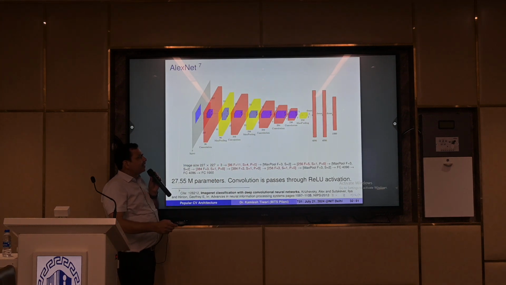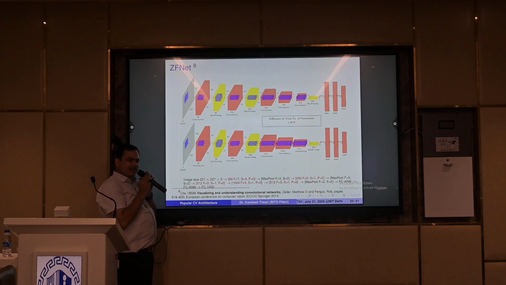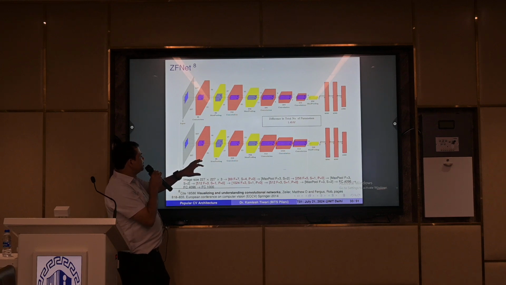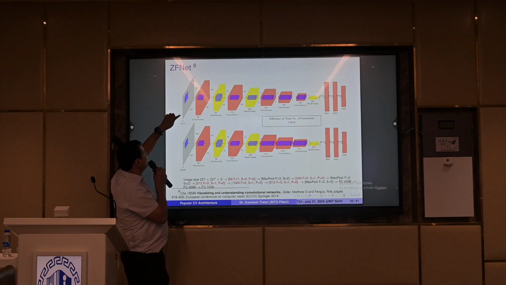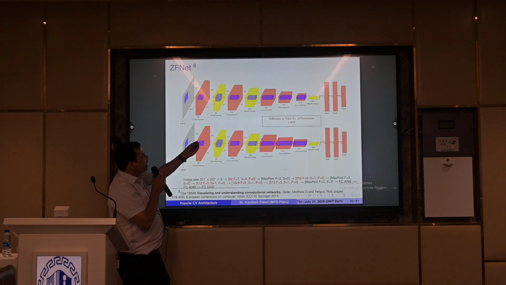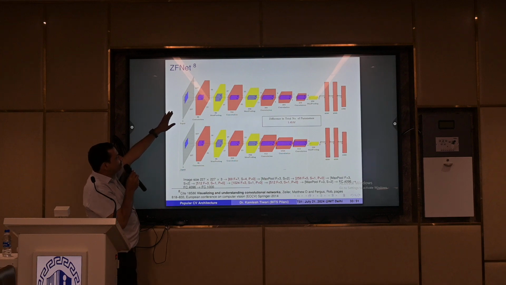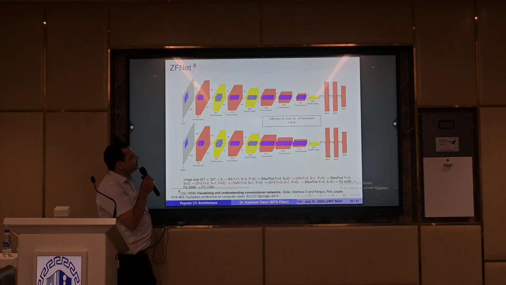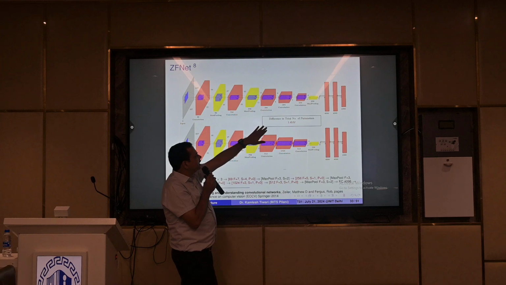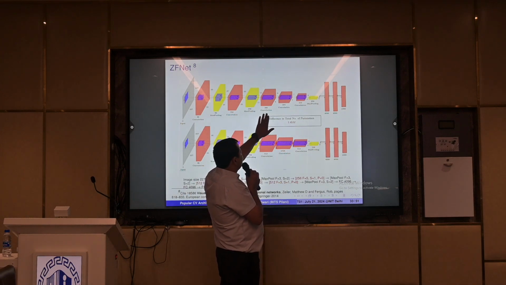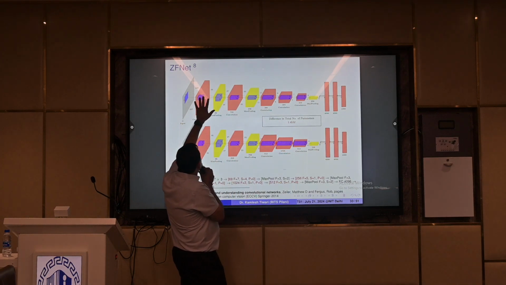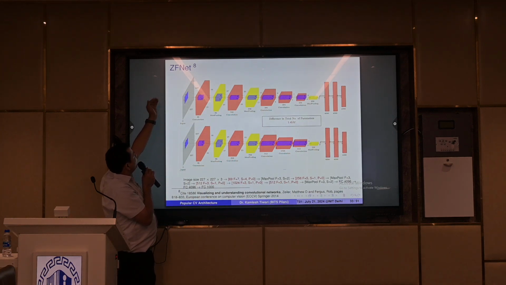As I told you, the next person who came was ZFNet, who said that instead of using 11 cross 11 here, if you put 7 cross 7, you will be using fewer parameters and your accuracy can increase. So he proposed a different architecture with a difference in the total number of parameters. A lot more parameters are here also. 1.45 million parameters are fewer in AlexNet, and ZFNet has more parameters.